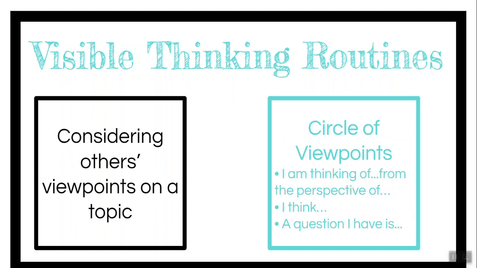So one example, if I'm thinking of this complex thinking process, considering others' viewpoints on a topic, an example of a visible thinking routine is circle of viewpoints. So the way that this works, it gives them a process to go through. I am thinking of blank from the perspective of blank. I think blank. I give my opinion from that perspective. And a question I have is, I give a question from that perspective.